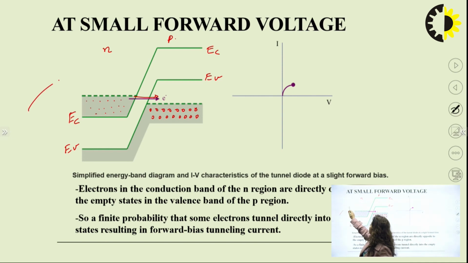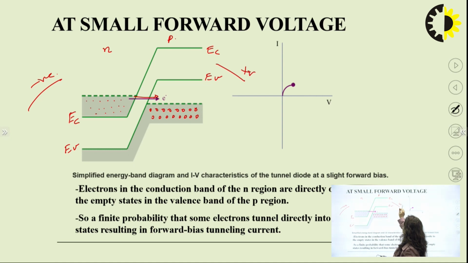So when negative is connected with negative, obviously there will be a repulsion and the electrons will move towards the junction. Similarly, positive is connected to positive, there will be repulsion and holes will move towards the junction.